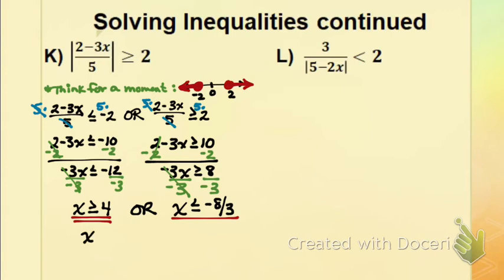So before I write my intervals, I like to get these turned around so that my intervals actually make sense with a number line. I would never want to write 4 to infinity union and then write something that is smaller than that. Infinity should always be the last thing that you write. If you have infinity in any of your intervals, that should be the last portion.